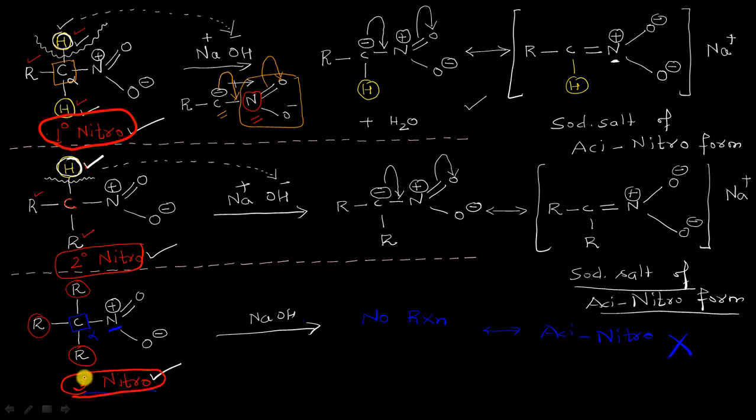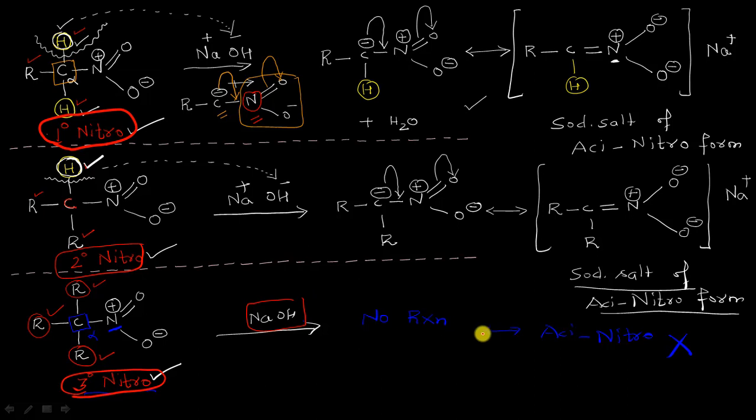So this means if we start from a primary nitro or a secondary type of nitro compound, we will definitely get the sodium salt of the ACI nitro forms. But this reaction won't be possible if we start from a tertiary type of nitro compound. The reason is that on the alpha position 3 R groups are present, the first one, the second one, and the third one. So there is no place for a hydrogen atom that can be abstracted as a proton with the help of this base.